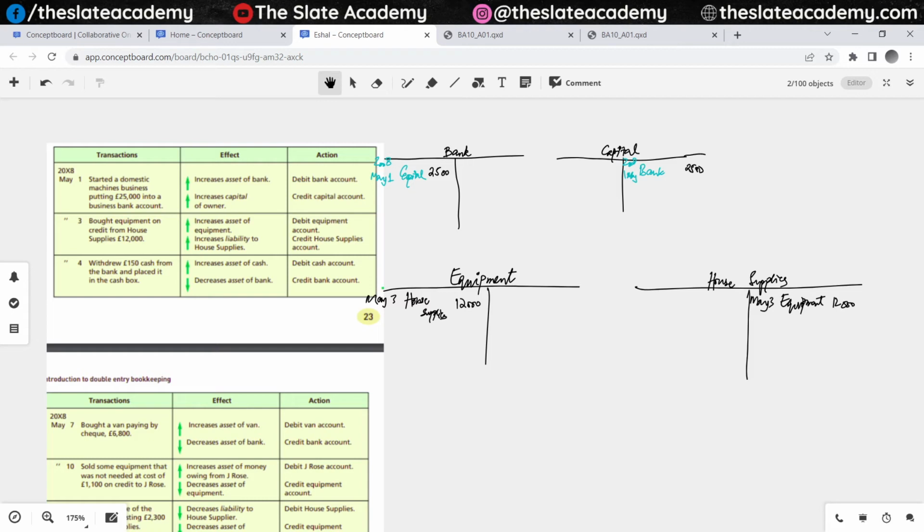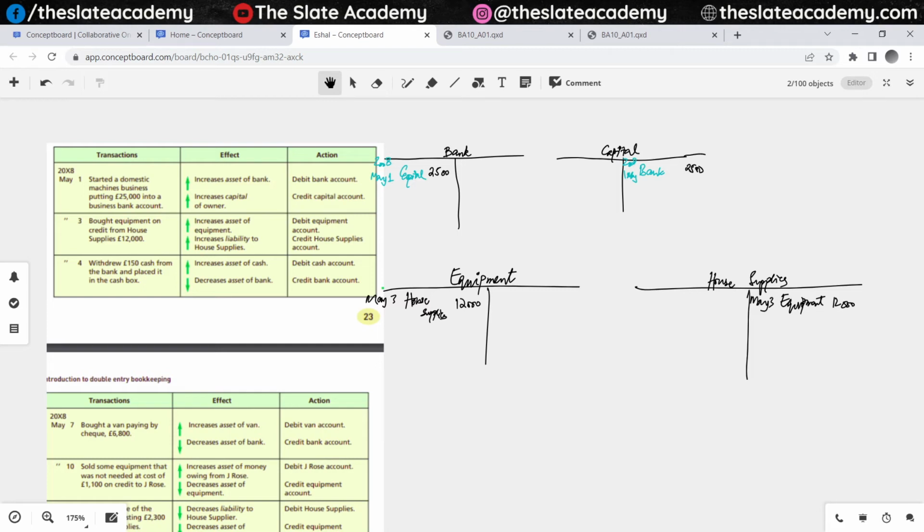For the fourth one, the two transactions are done. Could you please read the third transaction? We had 2,500 that we put in the bank on the first day, and now we are withdrawing 150 in the form of cash.